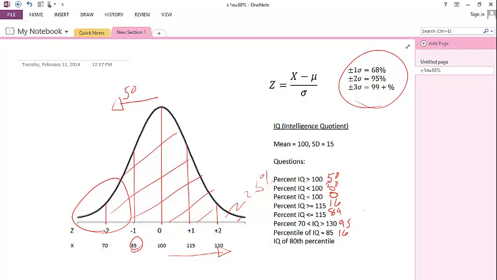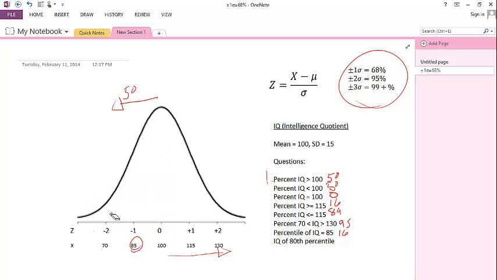And what's the IQ of the 80th percentile, for example? So let's start with a clean slate to answer that one. So for the 80th percentile, well, I know here that gives me 84% is to the left of that. And so it'd be right around here. And I'm just guesstimating, but you can do this. So that'd be about 80%.